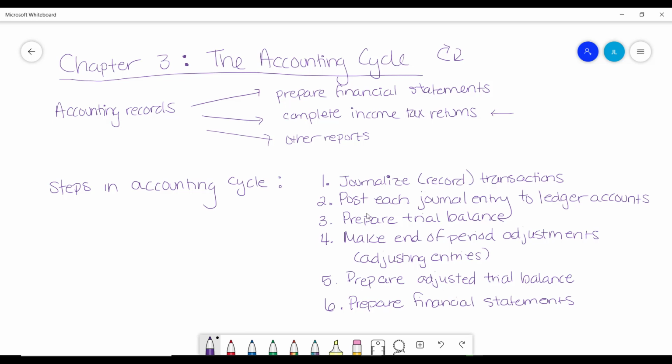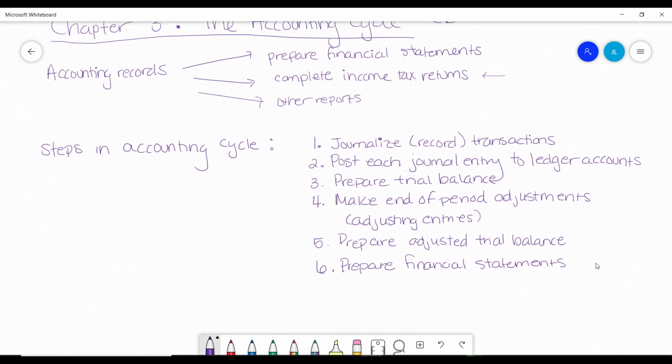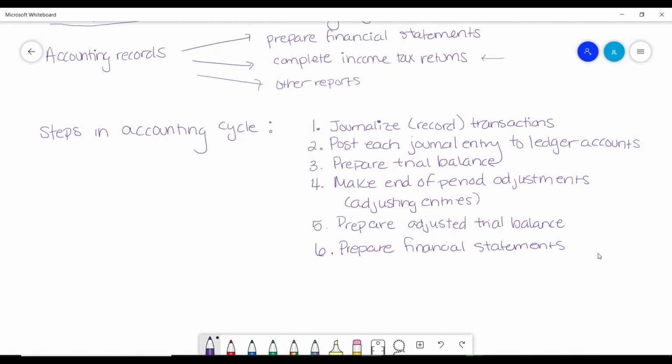Then, as we'll see in Chapter 5, the next step would be to journalize and post your closing entries. And step 8 is we prepare an after-closing trial balance.